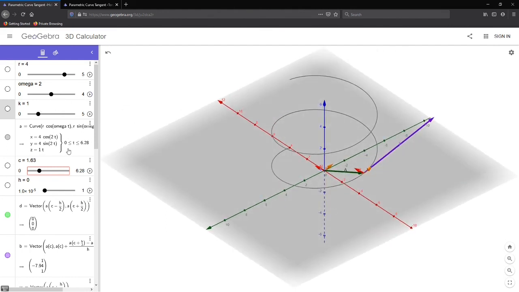And sure enough, you can see that as we move along the curve, that vector is always staying perpendicular to the unit tangent vector. And you can get an idea of why we call it the unit normal vector, because it's always pointing normal to the curve itself, or normal to the tangent vector of the curve itself.